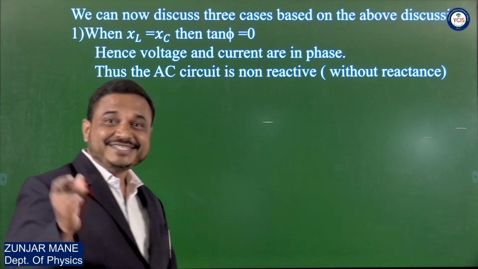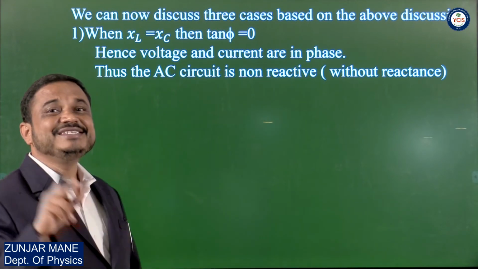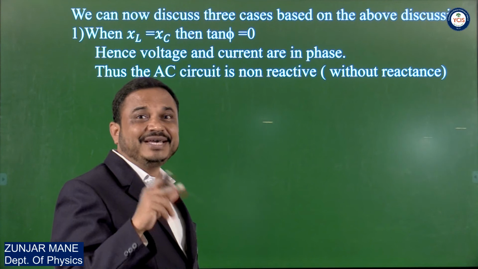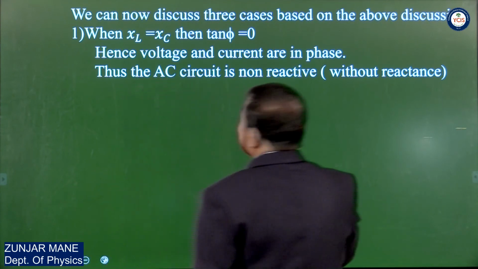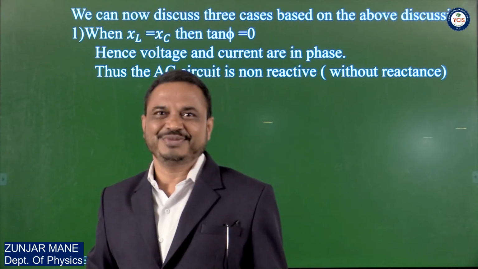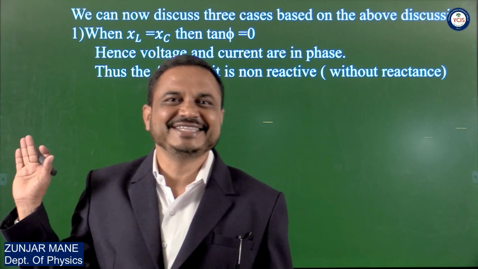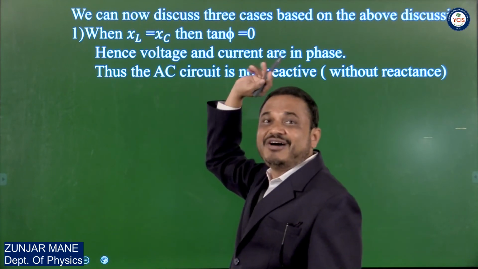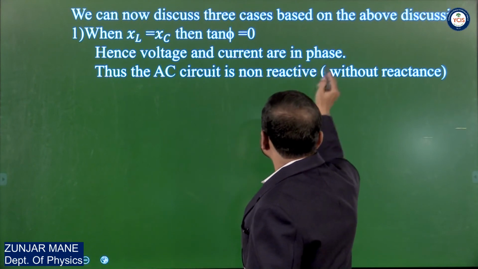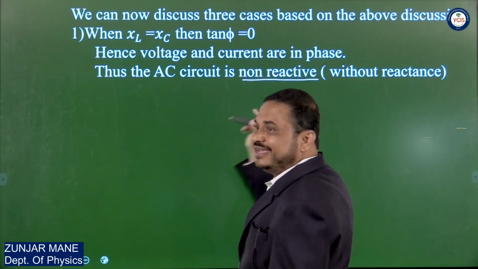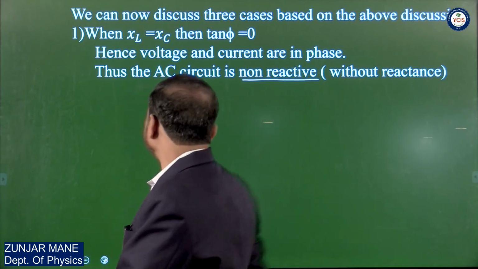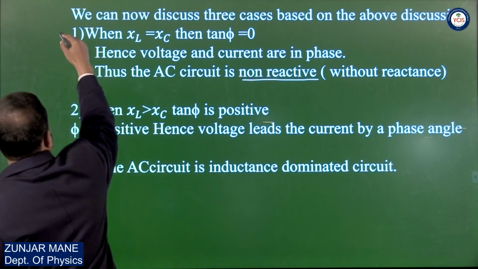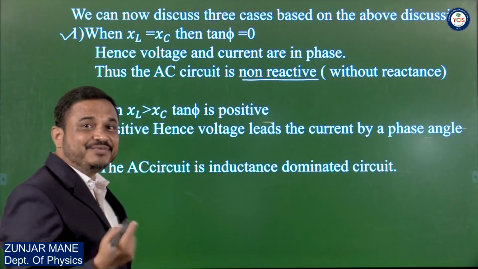Then if the current is the same, EL is equal to EC, or from the phase diagram, tan phi is equal to 0, and hence the circuit is purely resistive, because there is no reactance in the circuit if XL is equal to XC, because the phase difference between them is 180 degrees. So this is the first case, when XL is equal to XC, the circuit is without reactance.